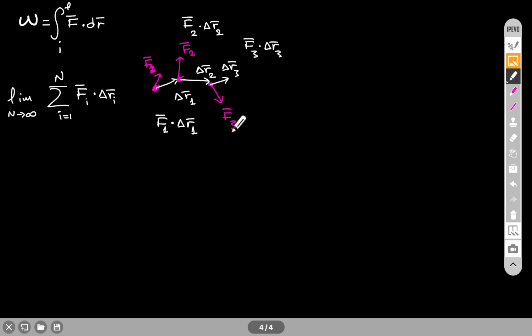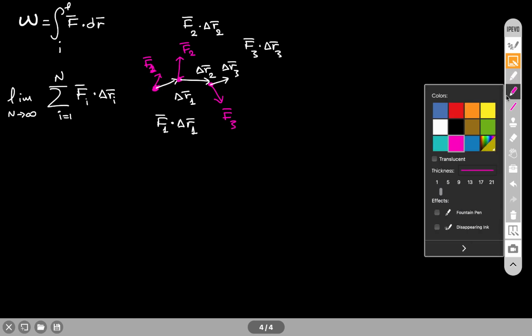At the end of the day, let's say this is the path, this is the final point, and here was the initial point.